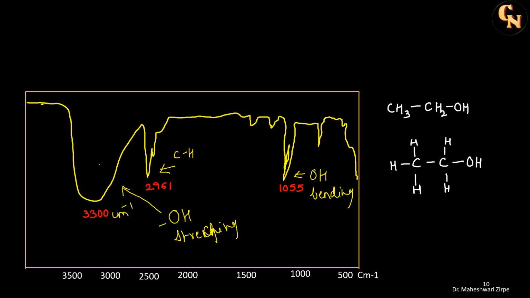You have to analyze using all these different techniques of spectroscopy, IR, UV, NMR, mass spectroscopy. Collectively, when we have all the data, we can elucidate the structure. From IR spectra we can only guess the functional groups.